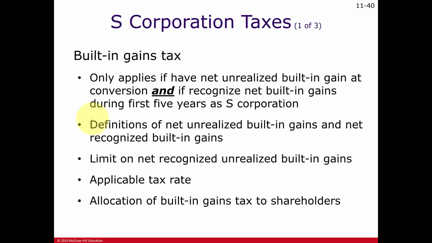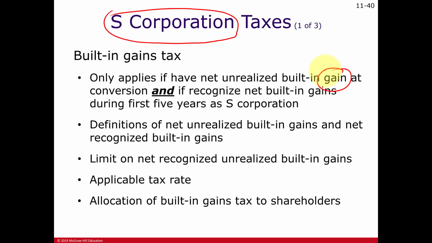So typically S corporations do not pay income taxes. The income and the losses are reported by their shareholders, but there's always exceptions to the general rule. Here's an exception. If a shareholder contributes appreciated property, and if the property was sold, there's going to be a gain.